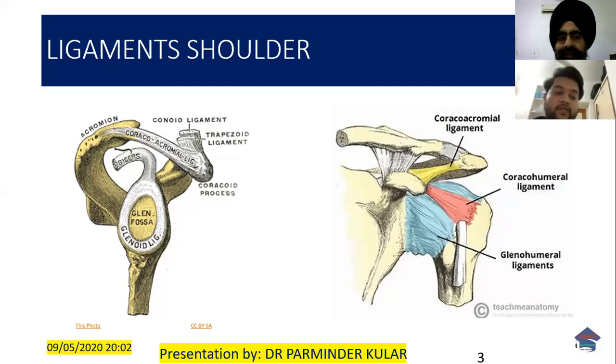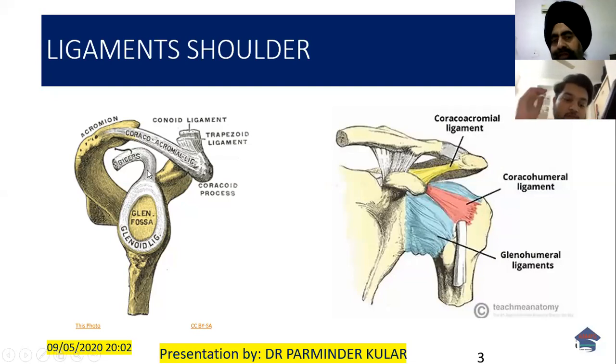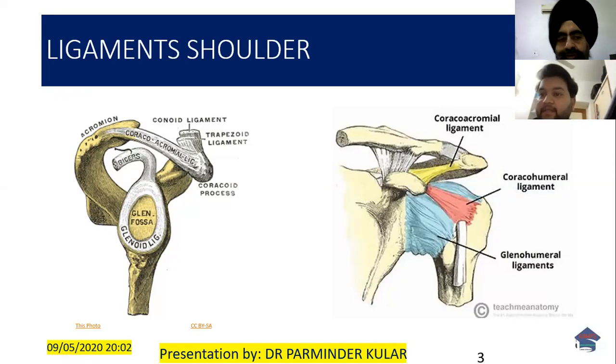So what are the ligaments and the muscles around it? The glenoid cavity is made slightly deeper by the presence of the glenoid labrum at its margin, and there is one tendon originating within the shoulder joint. It is the tendon of the biceps, which originates from the supraglenoid tubercle. We have ligaments around the shoulder joint between the coracoid and the acromion, which are the coracoacromial ligaments.